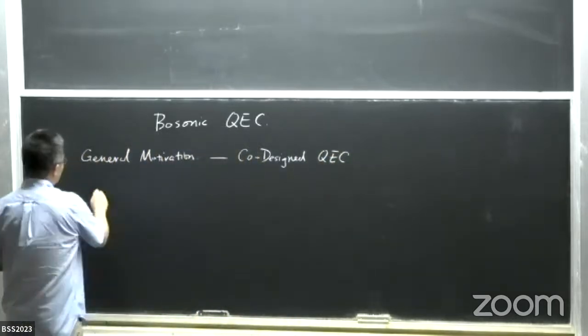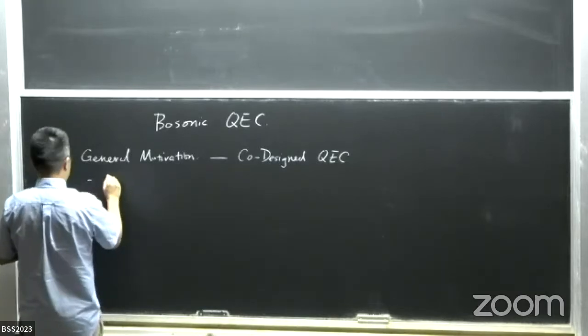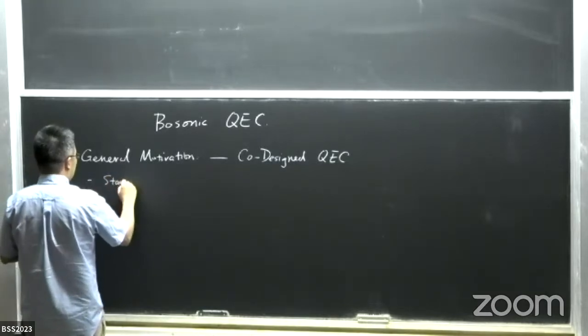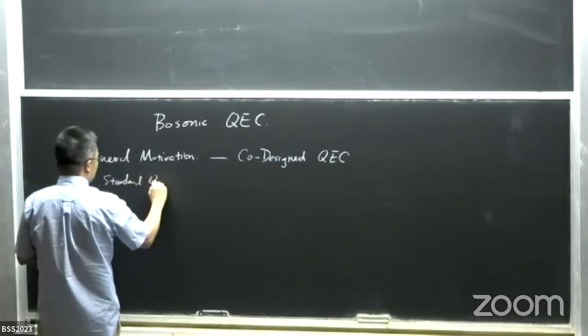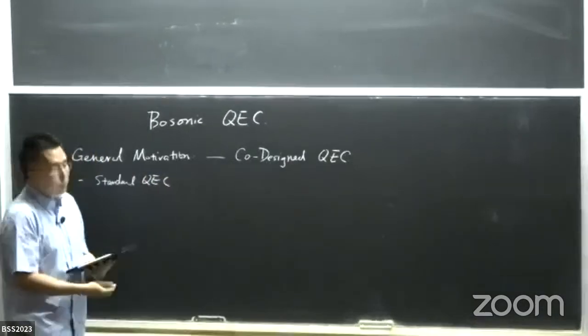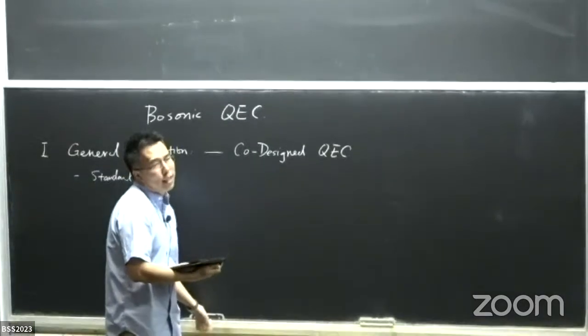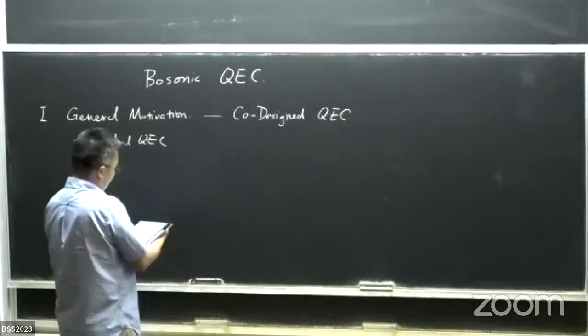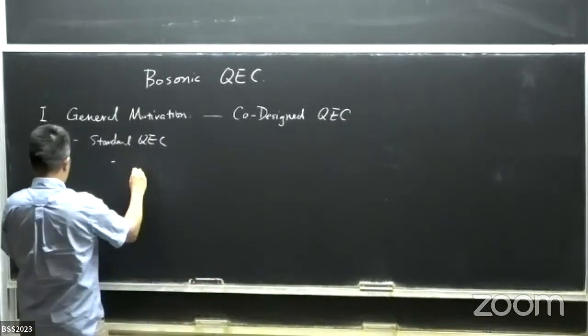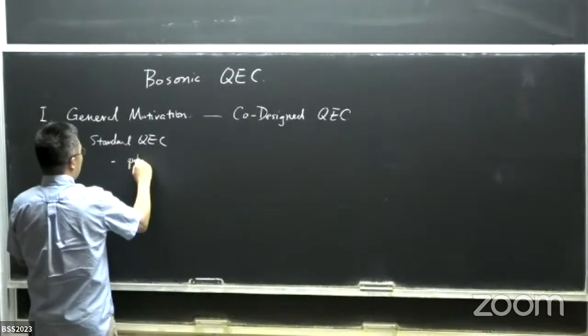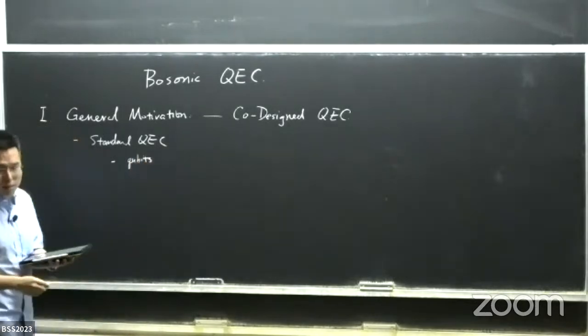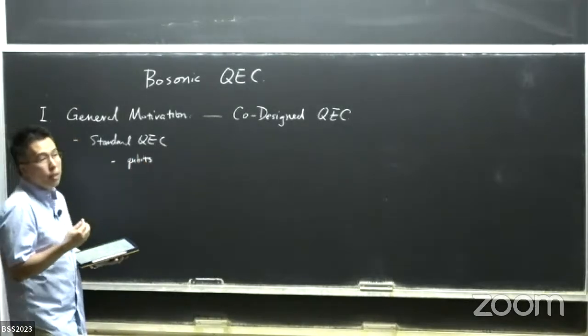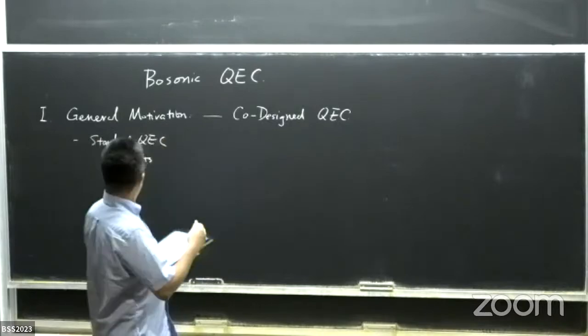If we look at books, when we talk about standard error correction, for example, you open books like Nielsen and Chuang, they typically consider error correction for quantum bits.